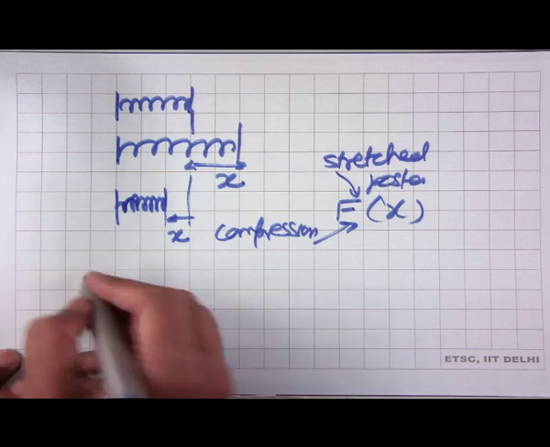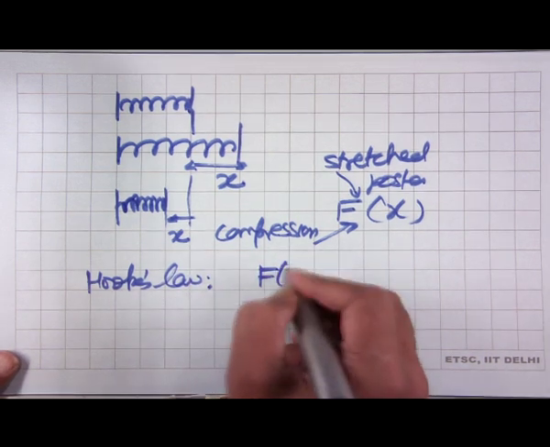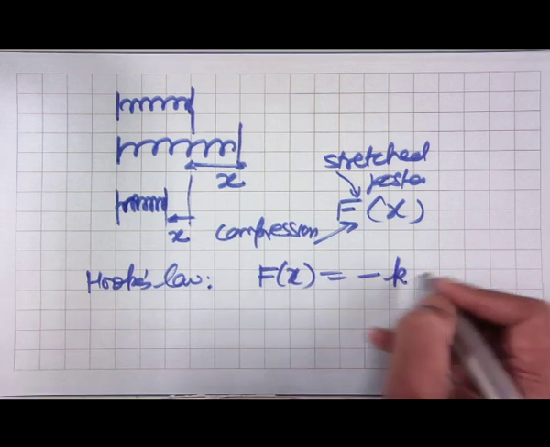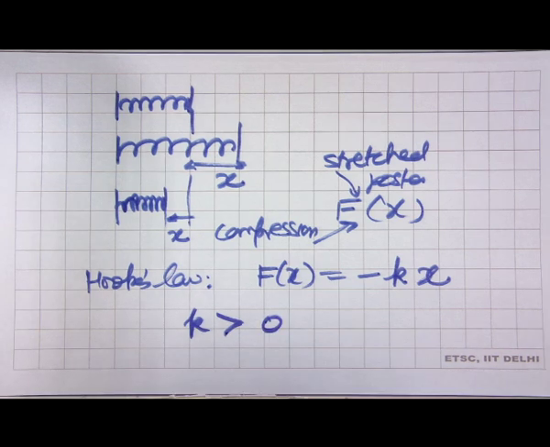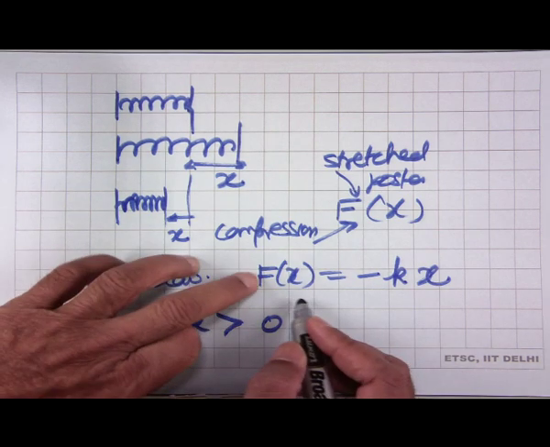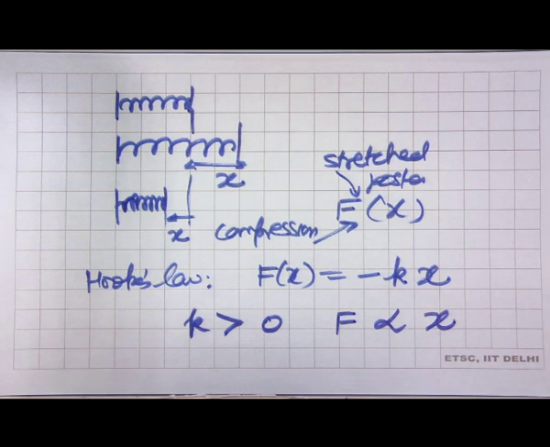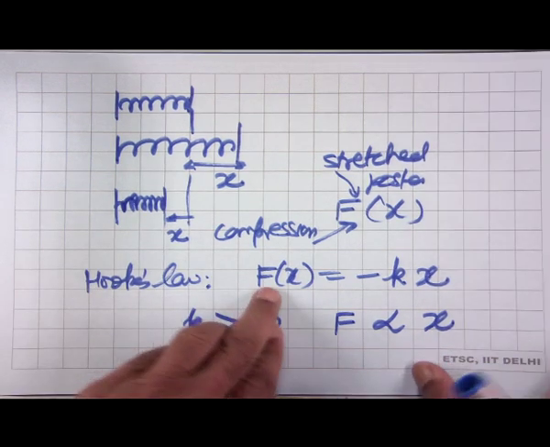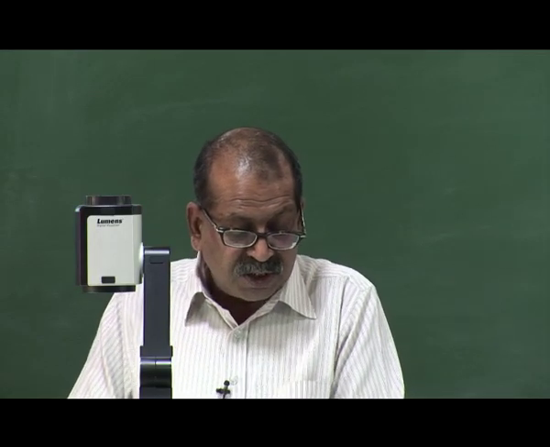And by Hooke's law, the force on the spring is given as minus kx. K is called the spring constant, which is greater than 0, and such springs where this force F is proportional to the extension or the compression of the spring, to the displacement of the spring. So, this is a particular type of spring, and the force which the spring applies is equal to minus kx.